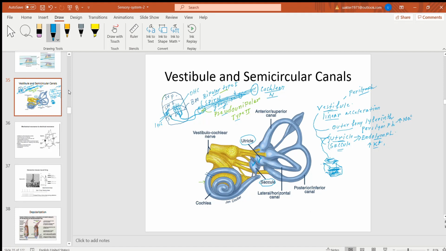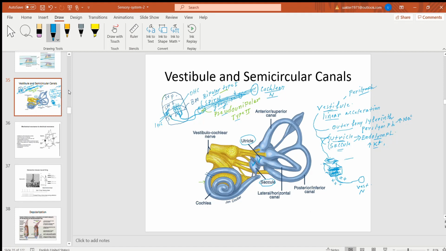The hair cells on the floor of the utricle, since the hair cells or receptor cells or sensors are on the floor, the fluid movement will activate the hair cells, and the action potential will be created. The same way the neurotransmitters will be released and action potential will be taken to the vestibular nucleus. So that is the utricle.